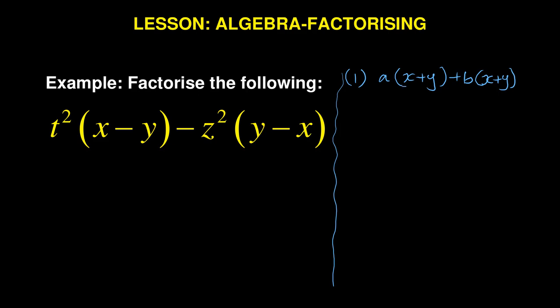As you can see, I've got my x plus y, I've got my x plus y. Therefore, I can write that in brackets as x plus y. And then whatever is outside the brackets, which is a plus b, I open another bracket and write it as a plus b. So this is the kind of factorizing that they wanted you to do. But as I said, the key thing is to make sure that the brackets in this case are matching.